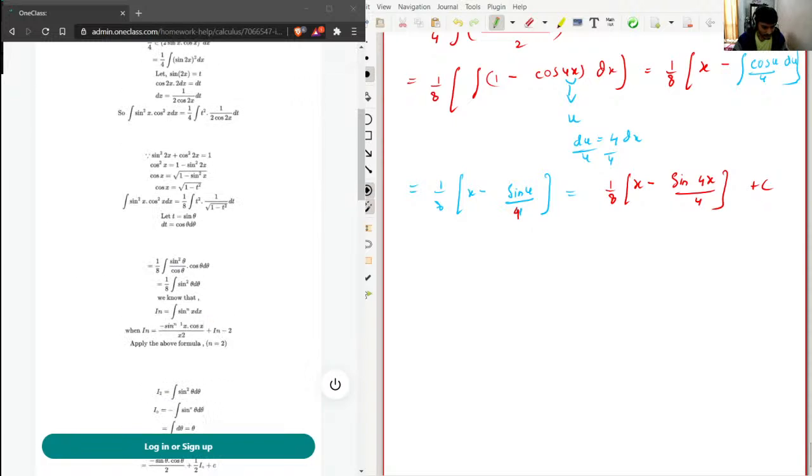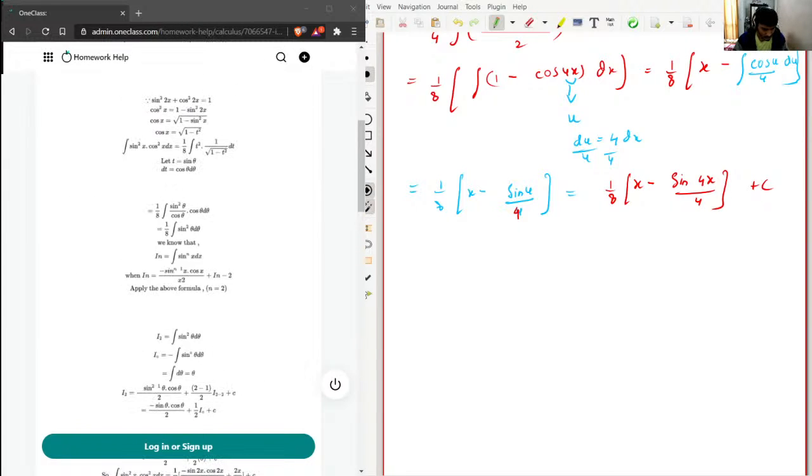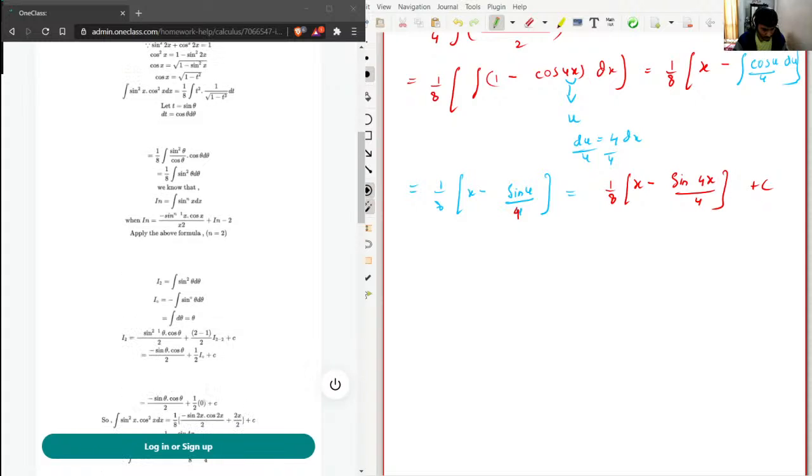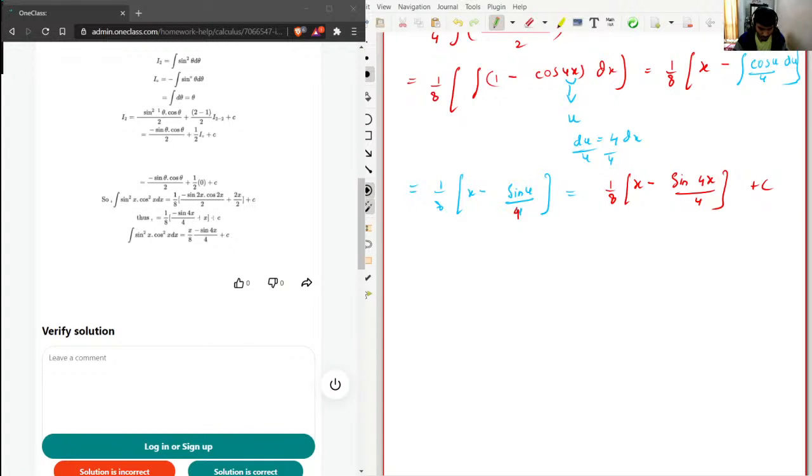So I'll just check the solution given here. So they have followed a very lengthy procedure. Final answer is x over 8 minus sine of 4x. Okay, so they haven't multiplied this 8 here. Here their answer was correct.